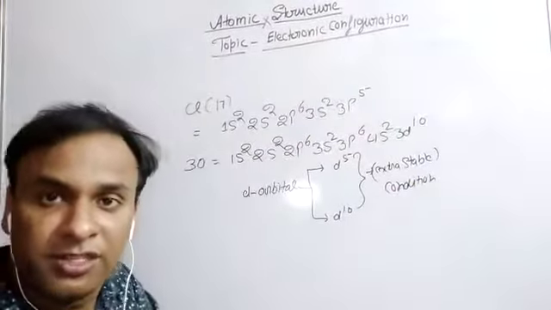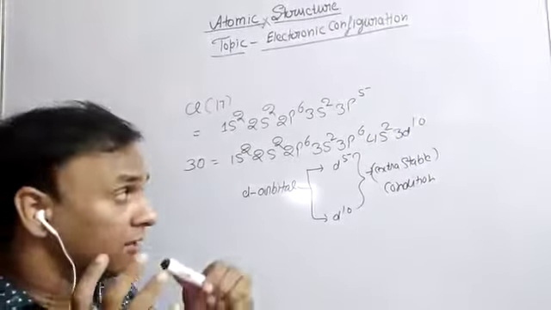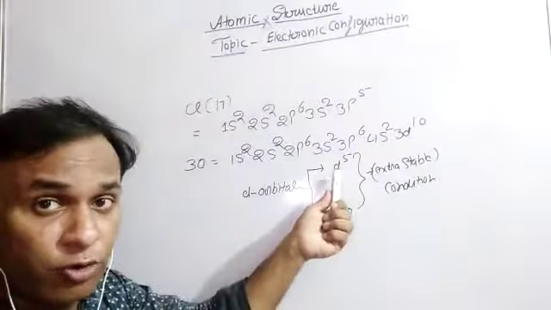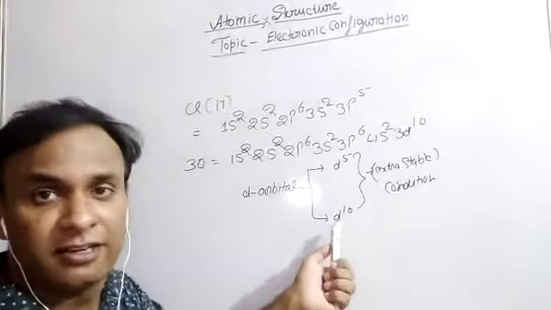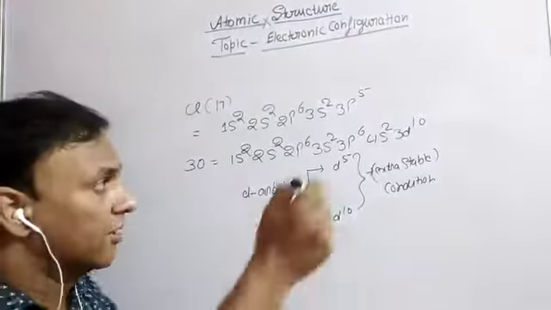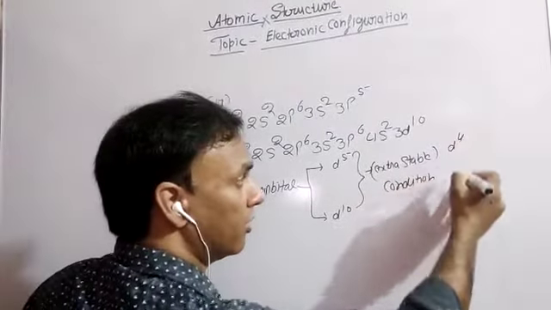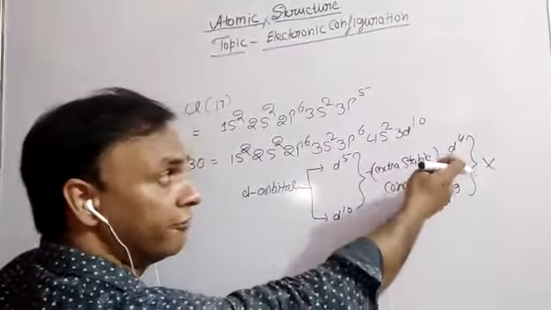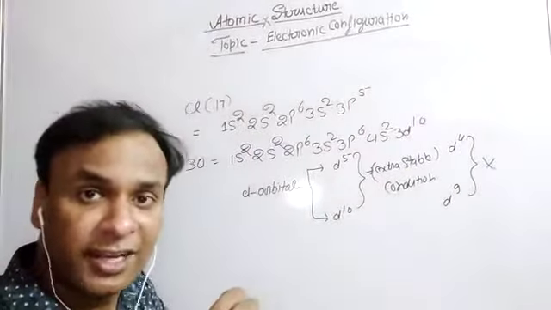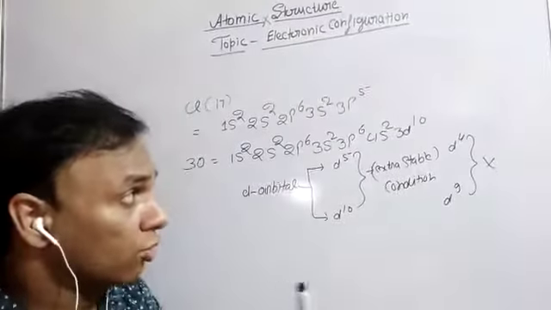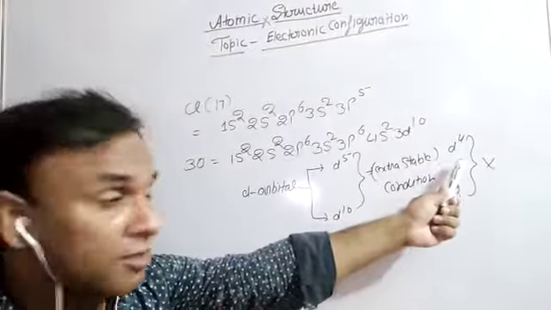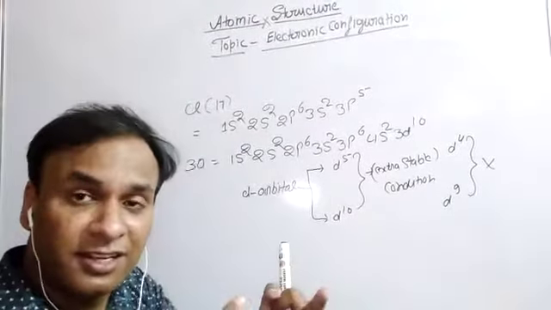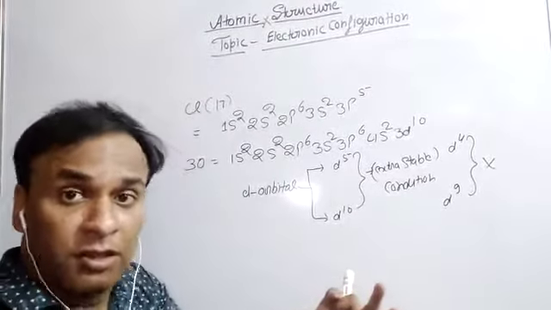This is the more stable configuration. That means d4 and d9 configurations are not possible; when d4 or d9 configuration comes, d4 turns into d5, while d9 turns into d10 by taking one electron from its neighbor orbital.